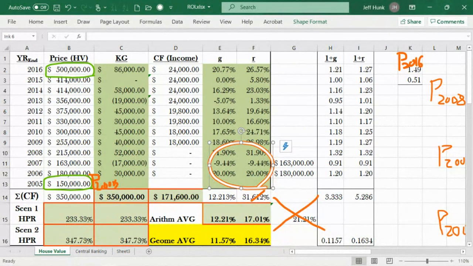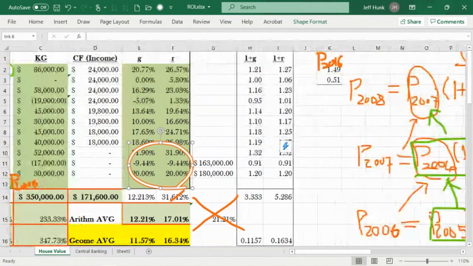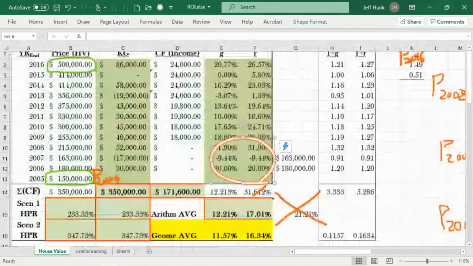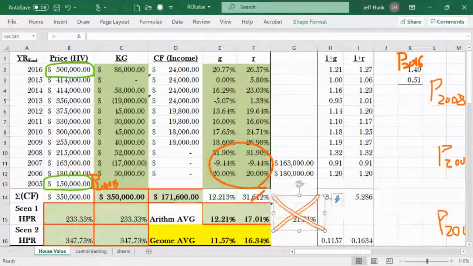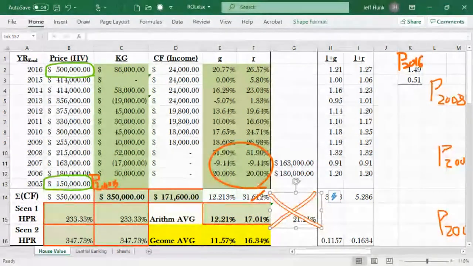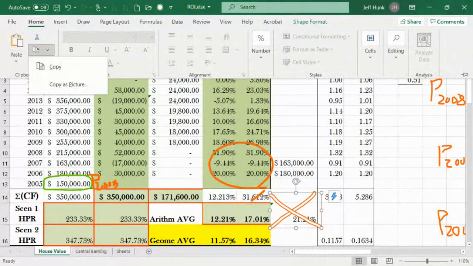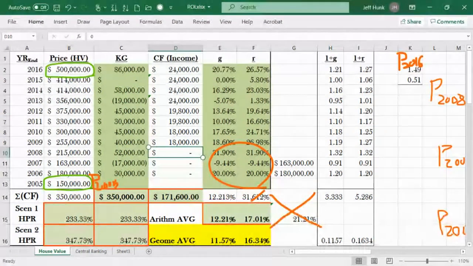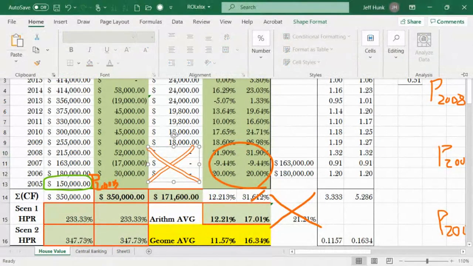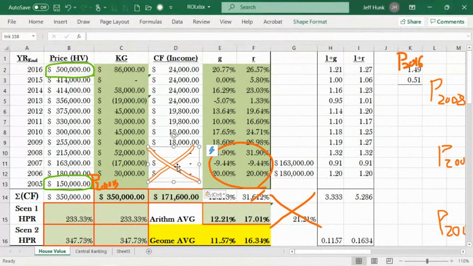In the first 3 years, there was no rent. There was no rent that came in the first 3 years. So the difference between scenario 1 and scenario 2 is the rent.